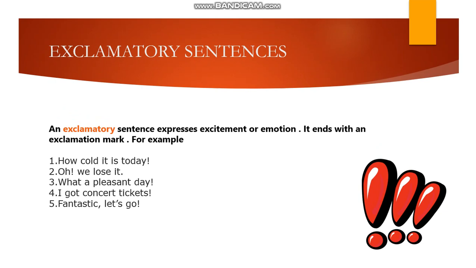I got concert tickets. Fantastic. Let's go. As you can see, these sentences are expressing emotions, and you can also notice an interjection in example number 2, oh. There are a number of interjections that we can use in exclamatory sentences: oh, wow, oh no, oh my god, ouch.